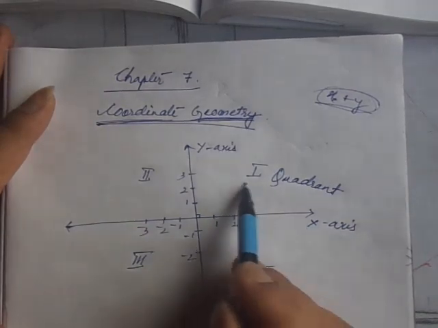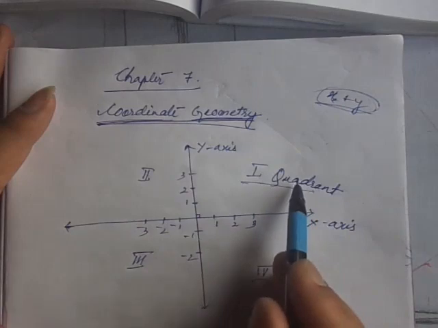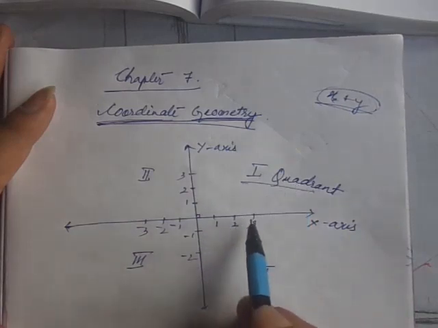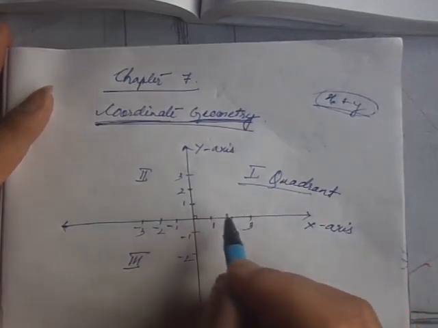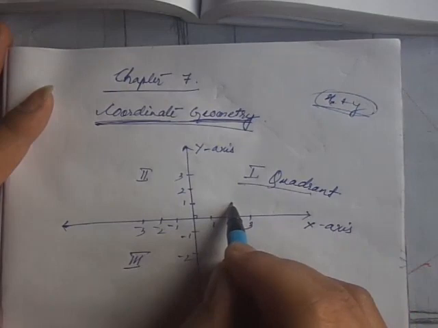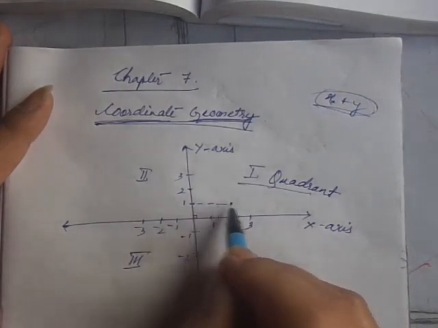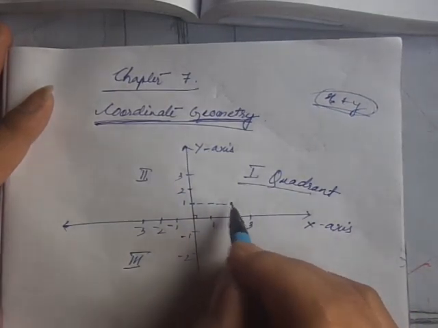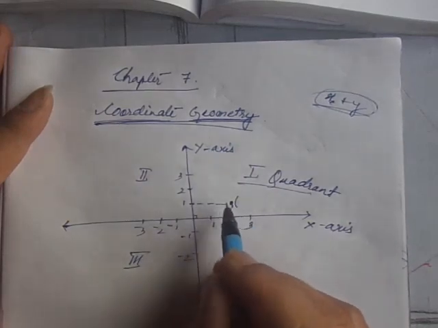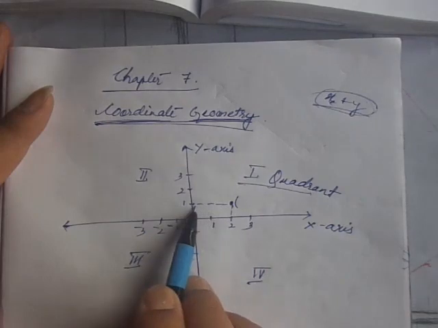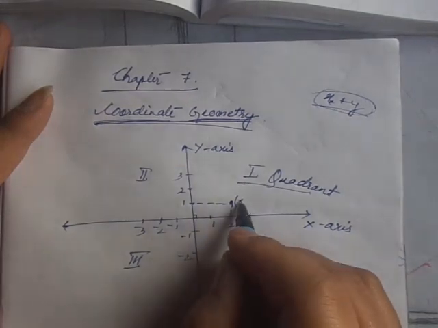So in this first quadrant, both the abscissa and ordinate are positive. Now first let's see what is meant by abscissa and ordinate. For example, say here is a point, I'm just taking a point, okay? Let's say the distance of this point from here to here is 2.